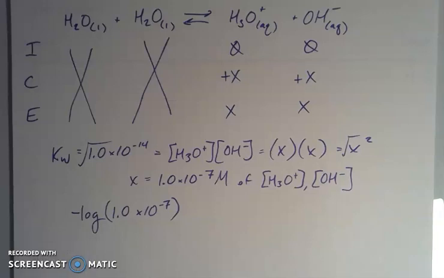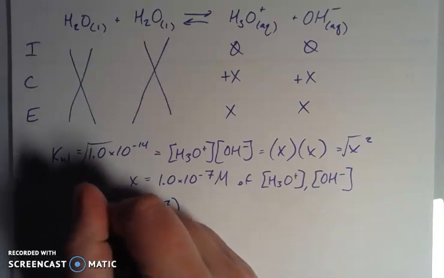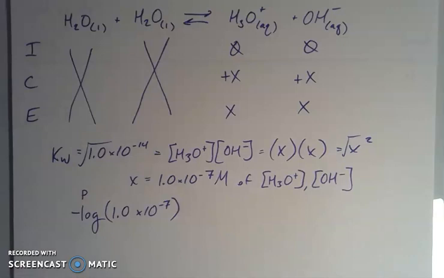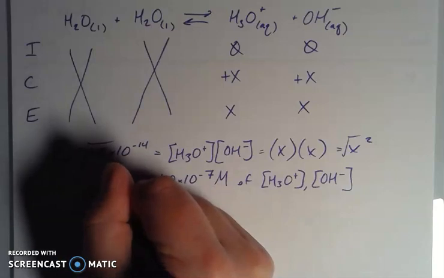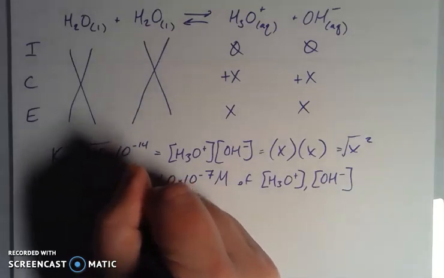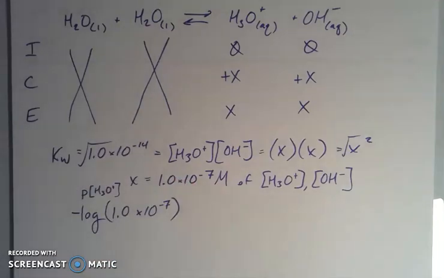So a negative log in math is a lowercase p, right? P for power or potential. This is the concentration of my hydronium, or my hydrogen ions, right? So this is going to give me my pH.